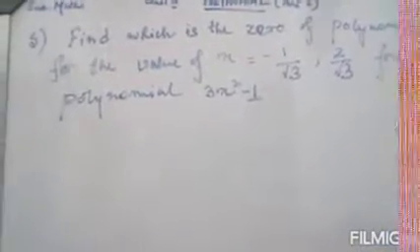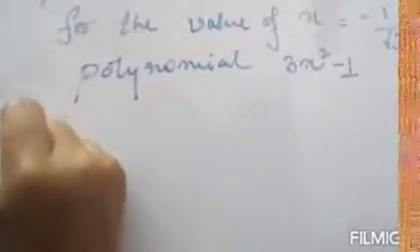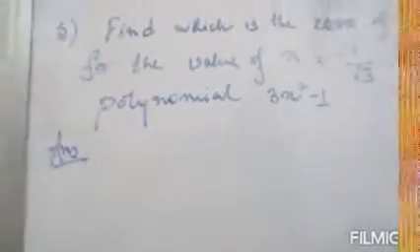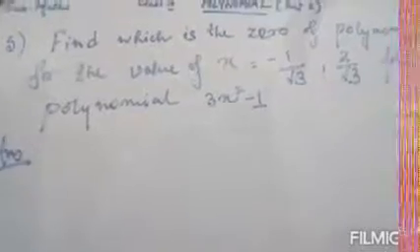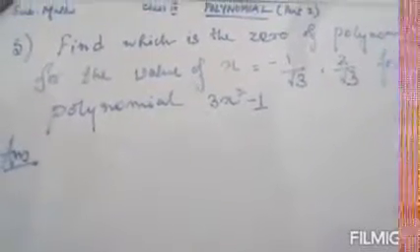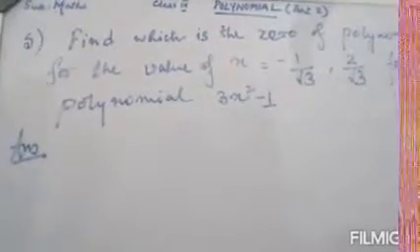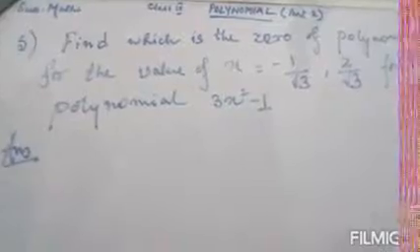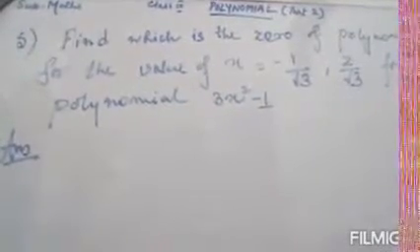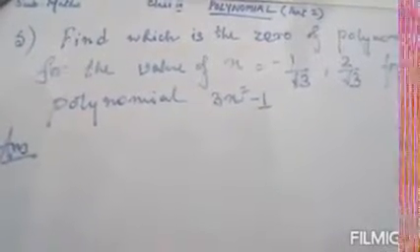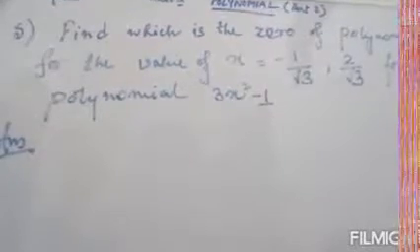Okay, now I have been given two values. Among these two values of x, I need to find out which is the zero of the polynomial. Now what did I say before? That if you need to find the zero of the polynomial, if I substitute the value in the polynomial and the value comes as 0, that means it's a zero of the polynomial.